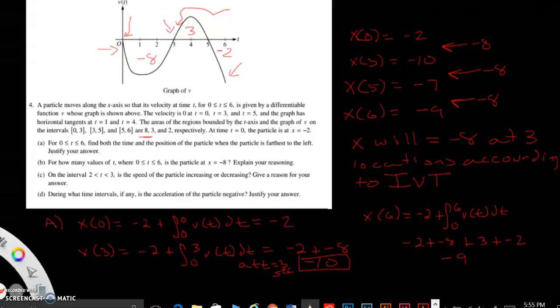Okay, last question. During what time intervals is the acceleration of the particle negative? Justify your answer. Okay, so that's easy. Acceleration a of t is less than 0 when v of t is going down, right? When it has a negative slope. So here, what's that, to 1? Yeah, it said to 1.